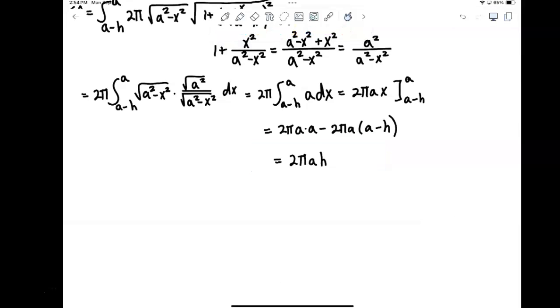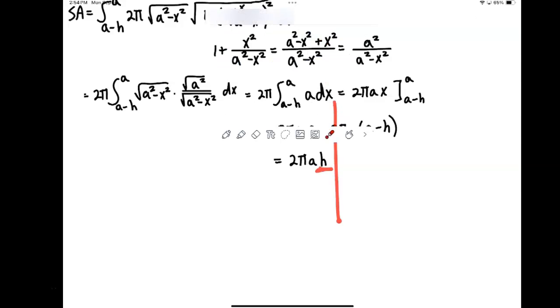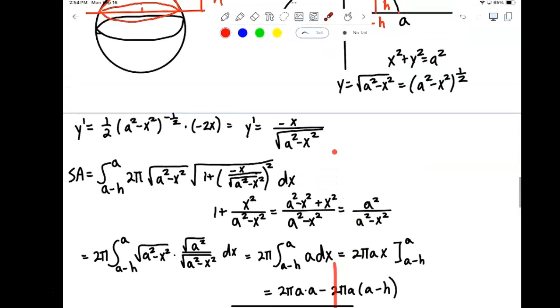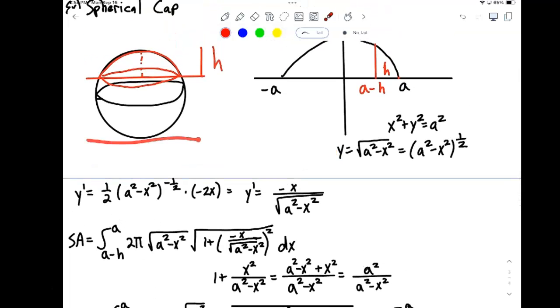And if you decide you want your spherical cap to be the whole sphere, then let h be 2a. That way h has been marked down here at 2a.